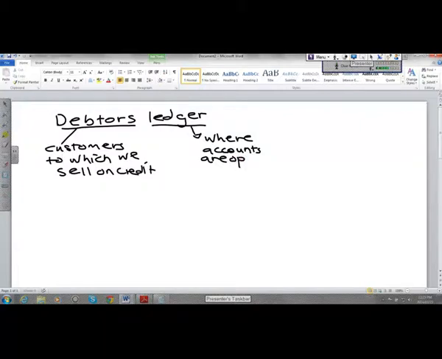What it means is, here we have our customers, and we are actually opening accounts for these customers in the ledger.